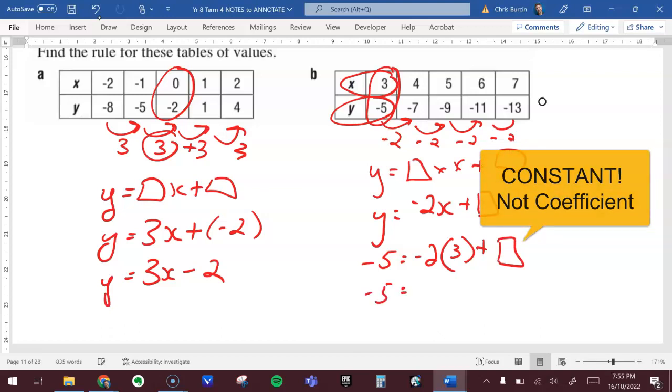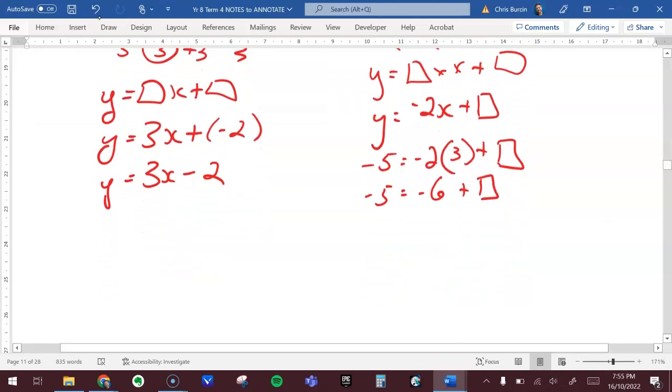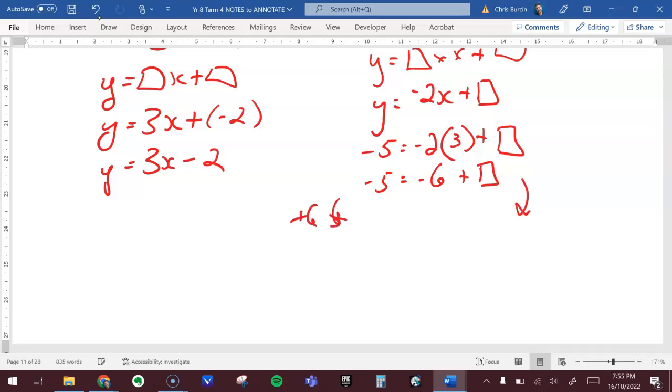So -5 equals -2 times 3, which is -6, plus something. So you can add 6 to both sides, that'll always work. And adding 6 to both sides will give us the box by itself, and that gives us a +1.